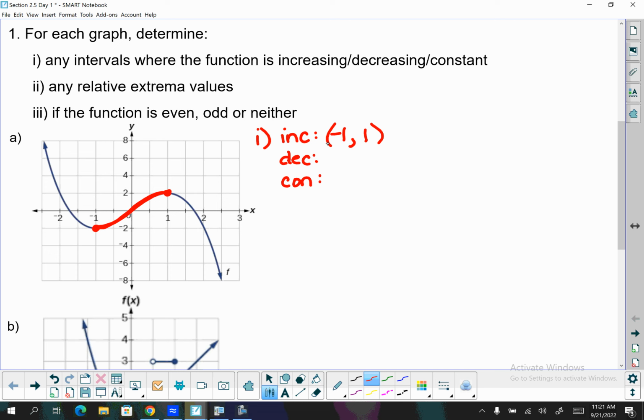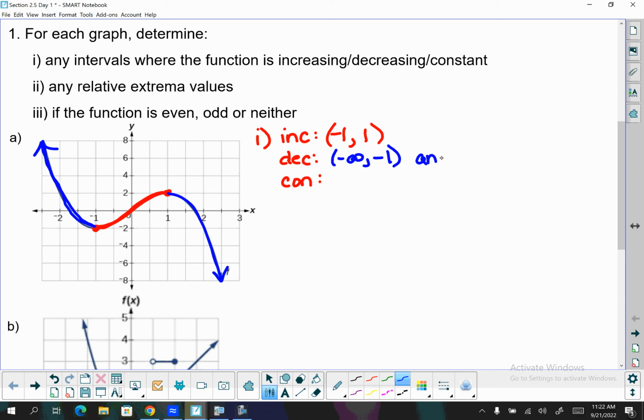Okay? Decreasing. There are two places on this graph where it's decreasing. Here on the left side, and then here on the right side. Now, it starts as far to the left as you can go, and then decreases all the way to what x value? -1. So we say it decreases from negative infinity, as far to the left as I can go, all the way to -1.